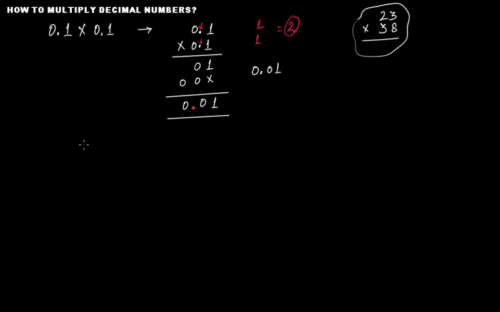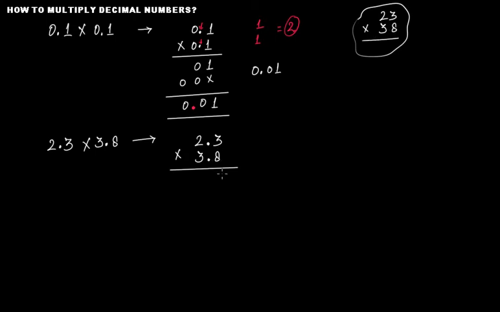Let's take this one only. If I say that we have to multiply 2.3 and 3.8, just treat it like any other multiplication. 2.3 multiplied by 3.8. For a moment just forget these two decimal points. Simply multiply. Think that we are multiplying 23 and 38.